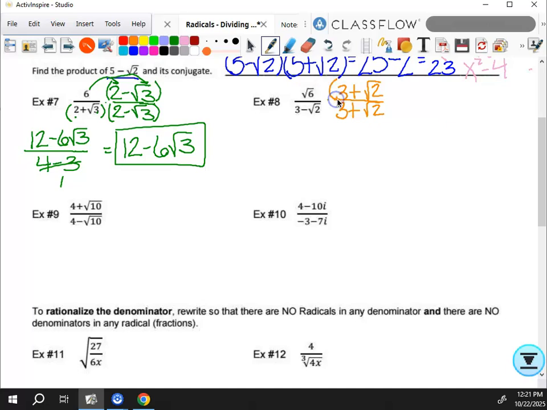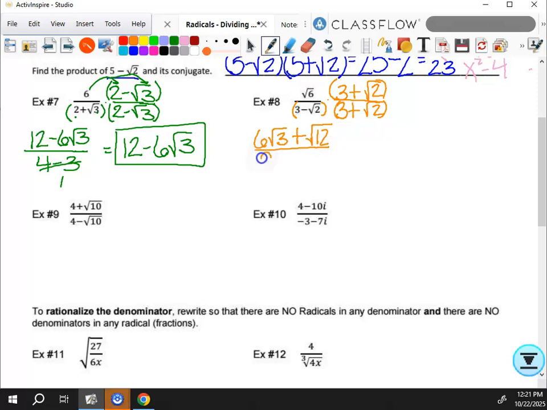I'm going to put parentheses around everything with more than one term. Make sure to distribute that square root of 6. So that'll be 6 square roots of 3 plus, what's the square root of 6 times the square root of 2? Square root of 12? Yes.